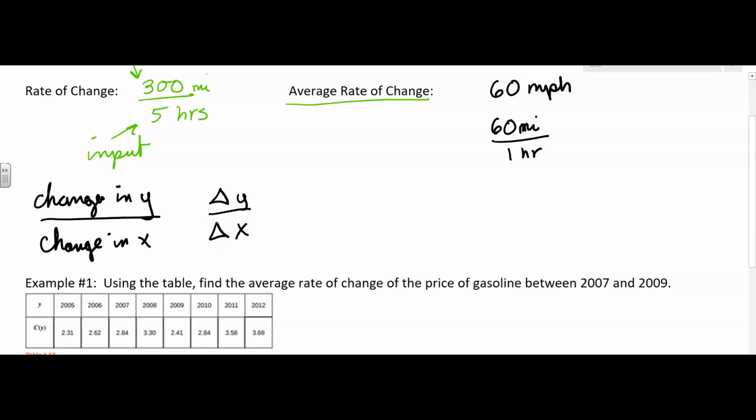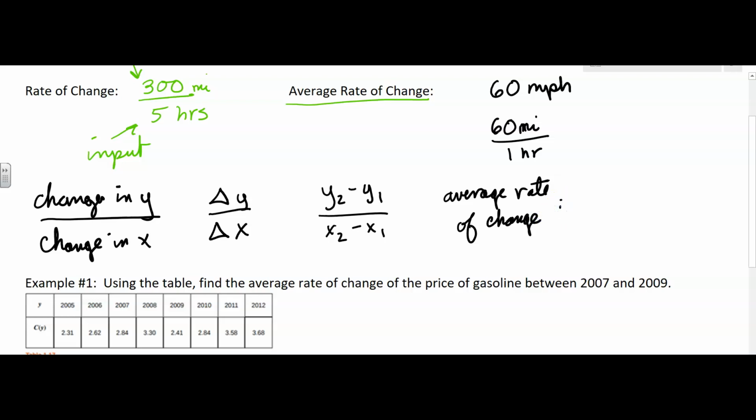So they'll write it that way sometimes. You've actually done this in the past when you were working with linear equations and finding slope. And you would find the change in y, so y sub 2 minus y sub 1, over the change in x, x sub 2 minus x sub 1. So you may remember that as the slope formula for linear equations. So for the average rate of change, we don't know that it's a linear equation.